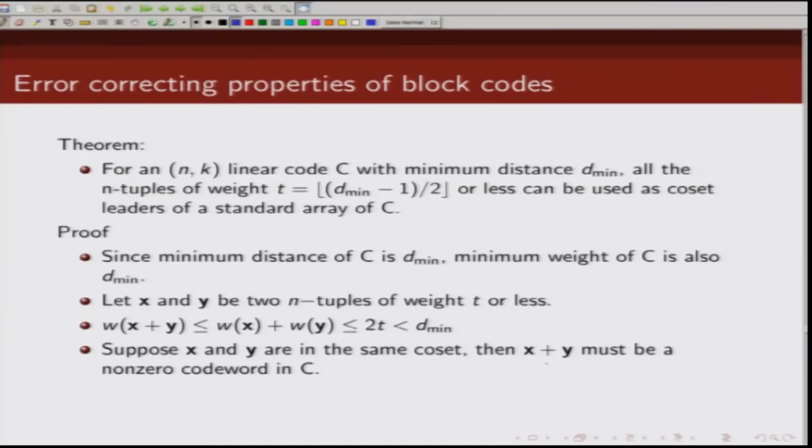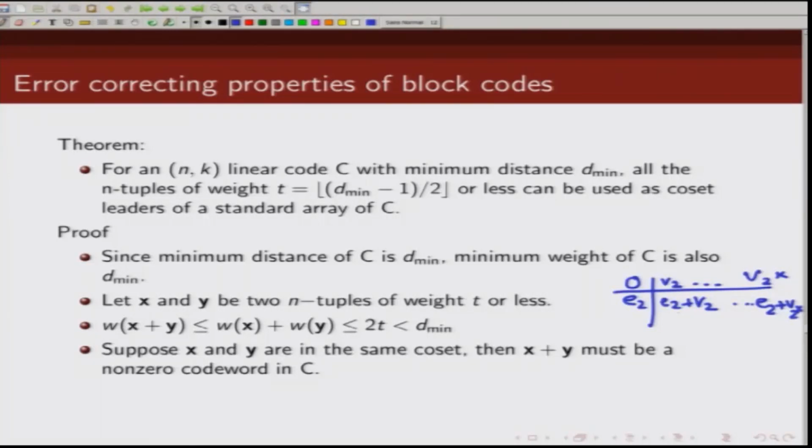If you recall your standard array, we had something like this. First row, first column was the all 0 vector, and then we had other code words, and then we had an error pattern, let us say E2. So, this was E2 plus V2, like this was E2 plus V2k.